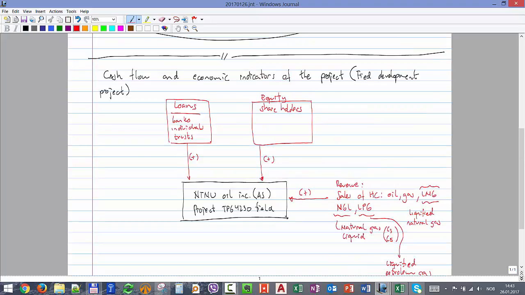Okay, and also one comment here. If you see, this big part of the money for the project comes from the shareholders. So in all of these decision gates that you have in the process, you also have to consult with the shareholders. Okay? You have to show them the status of the project, and you have to get their approval. They might stop it. They might say, no, we don't like the project, we want to stop it. Okay?